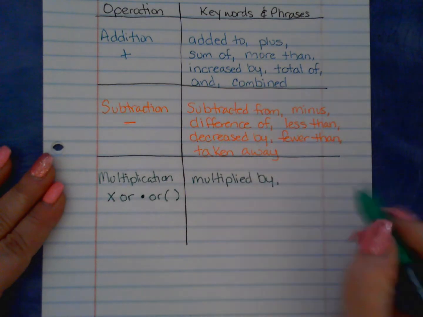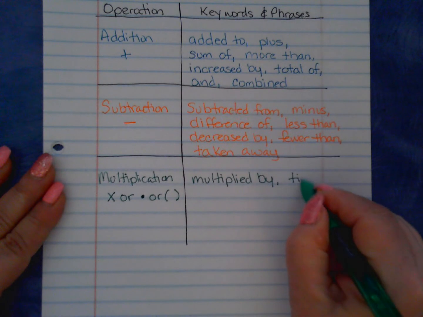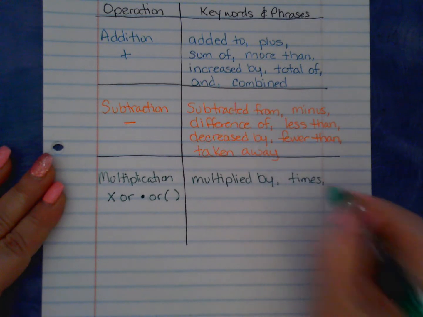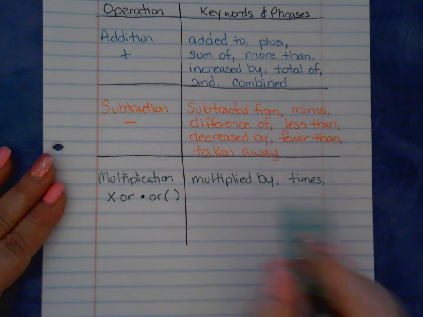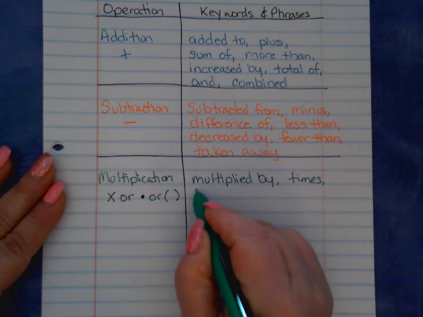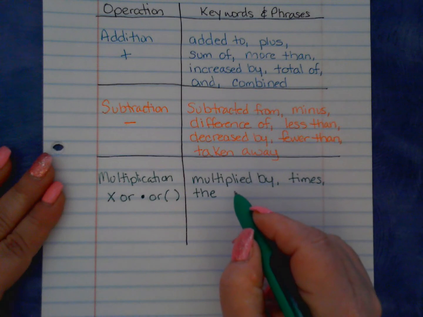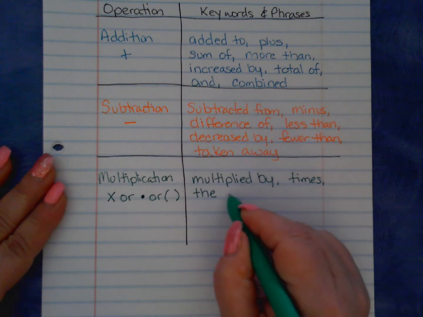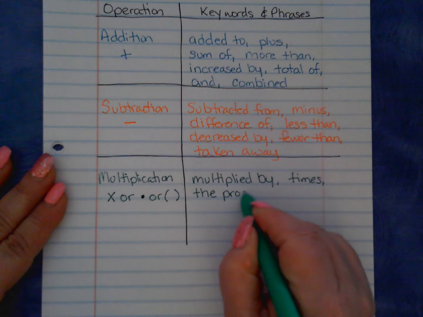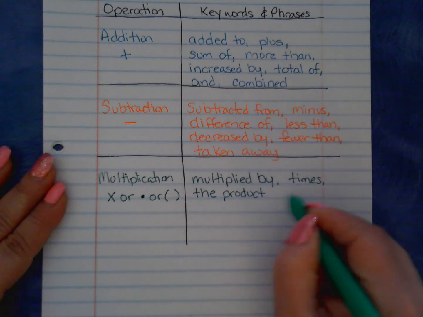The good old basic times. This one is a super common one, and it's, I think, one of the best ones to use, the product of. It's a great math verbiage.